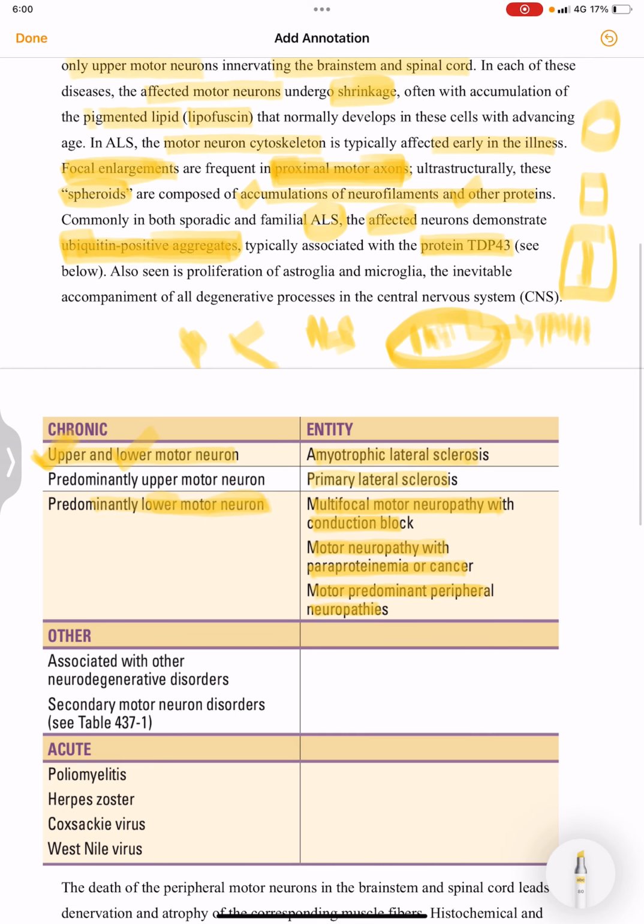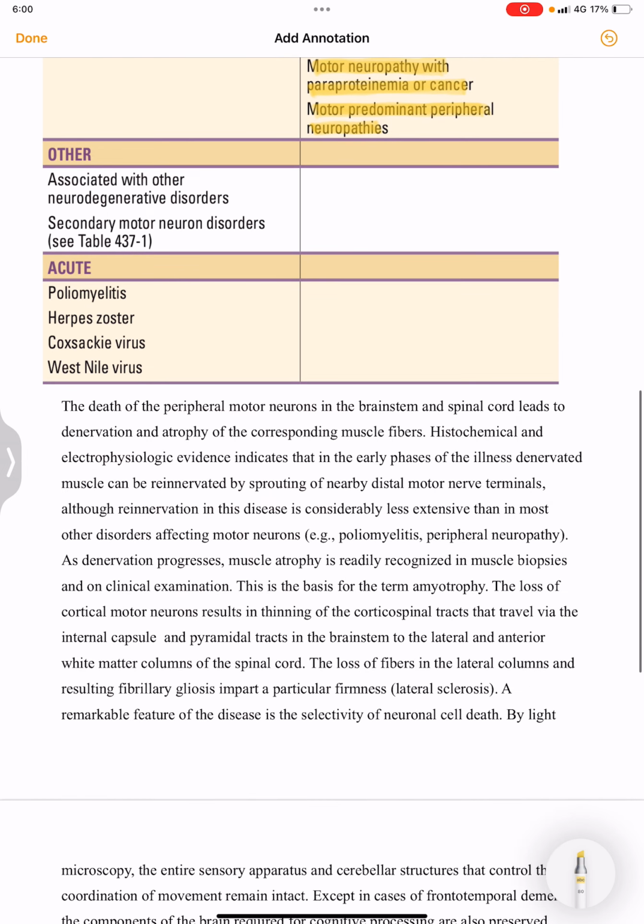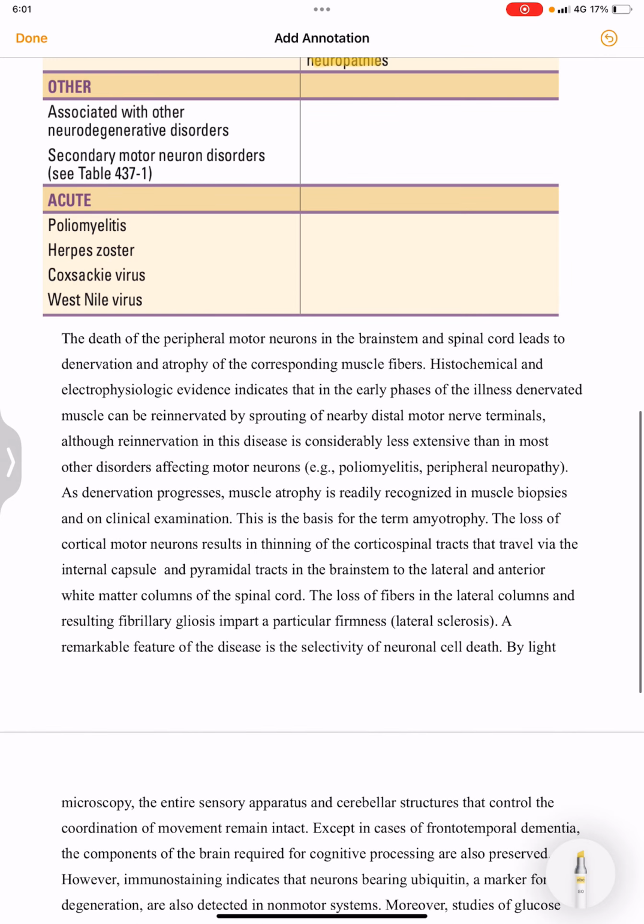Along with the motor neurons, what else can be seen? There will be proliferation of the astroglia and microglia. In all degenerative processes, degeneration is going on, and along with that you can also see proliferation of astroglia and microglia.